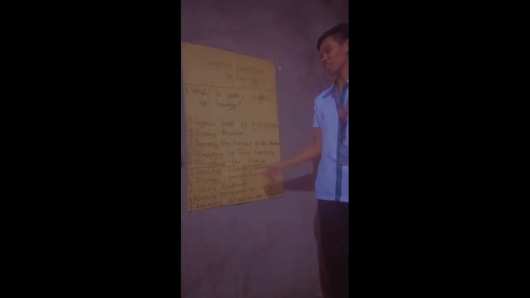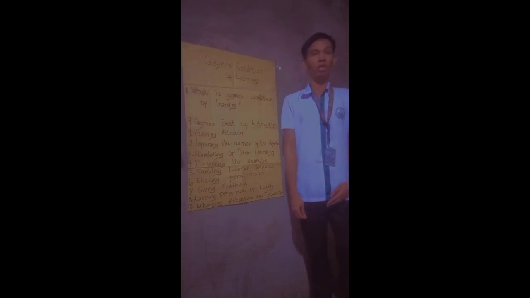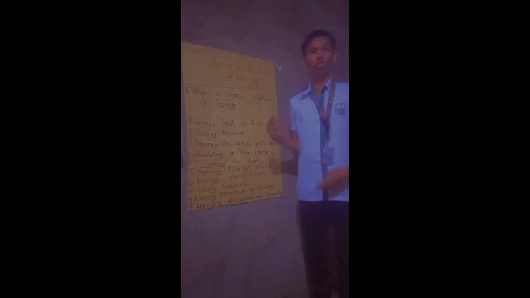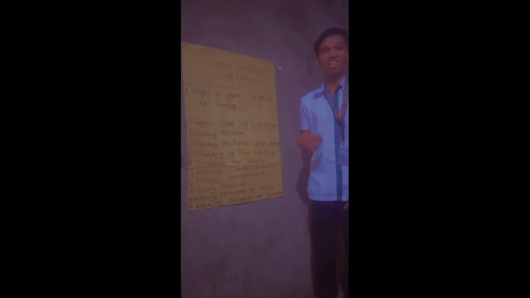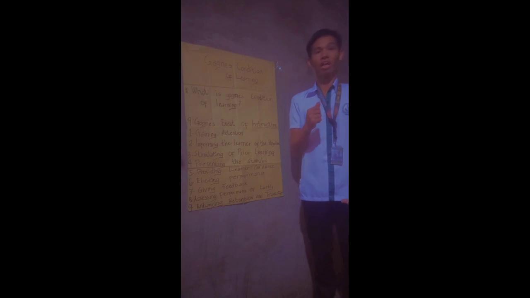So, when you say gaining attention, the goal is to capture the learner's attention and interest in the subject matter. This can be achieved through the use of stimulating materials, engaging activities, or presenting the learning content in a creative and compelling way.